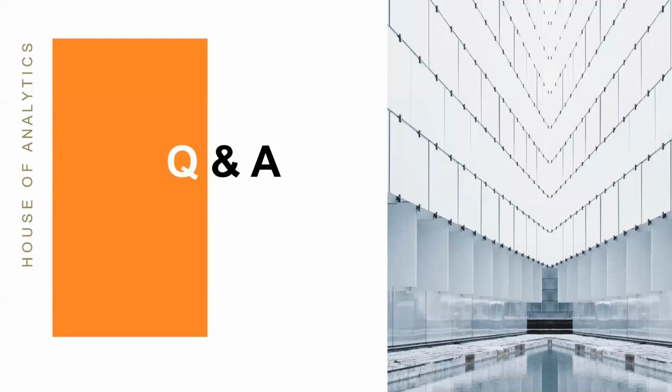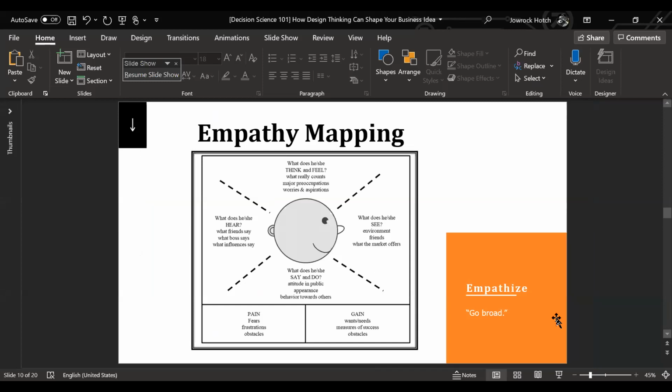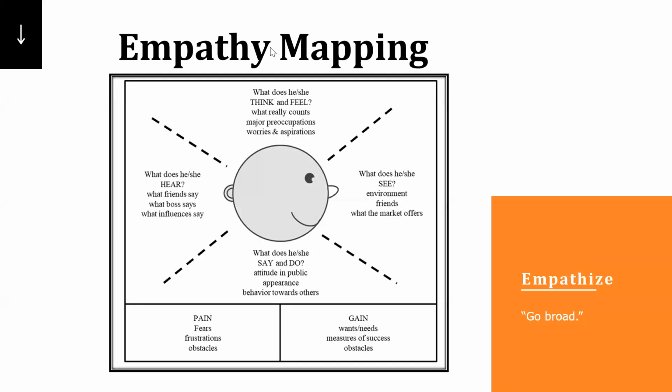So if we go back to the first step of design thinking, which is empathize, what you are trying to do is sharpen your creativity and your observational skill by observing the environment around you, the people around you.